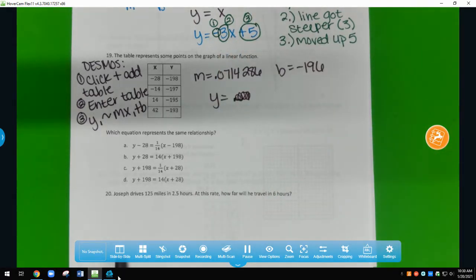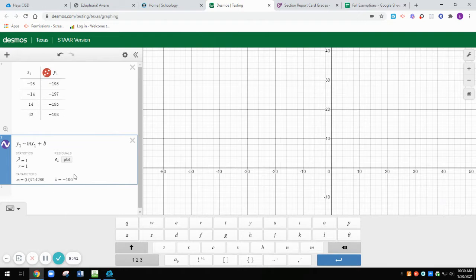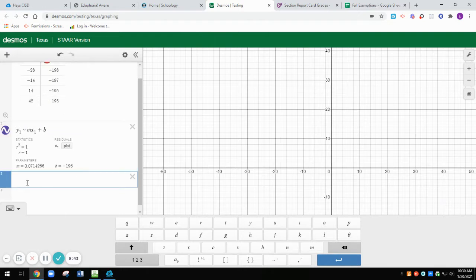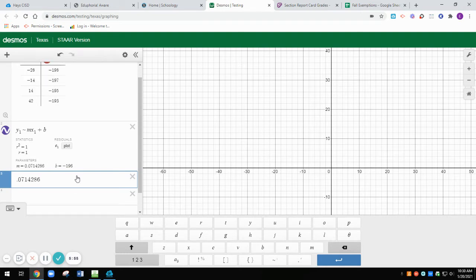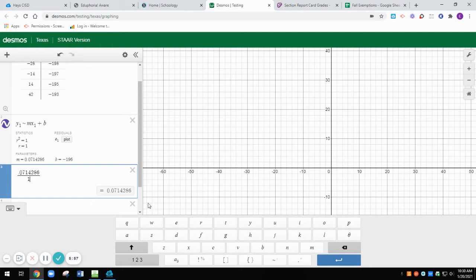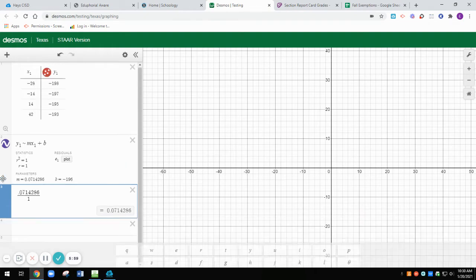So I'm going to come back to Desmos. And in the third line, I'm going to put the whole thing, 0.0714286, and divide that by 1 so that it gives you a number over here.